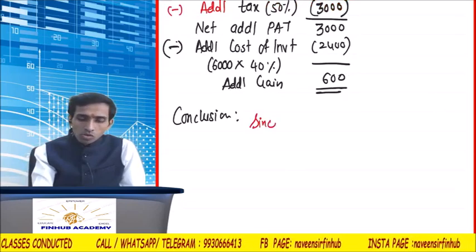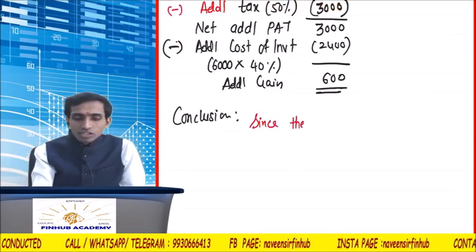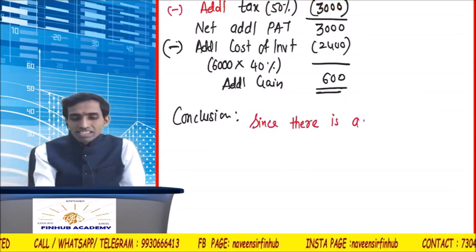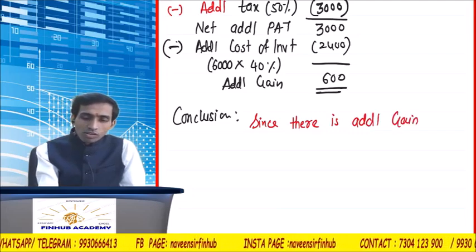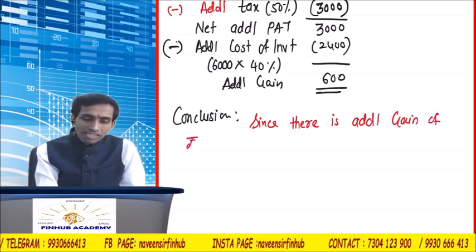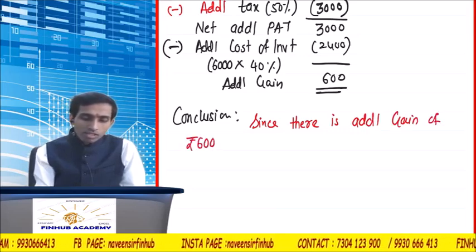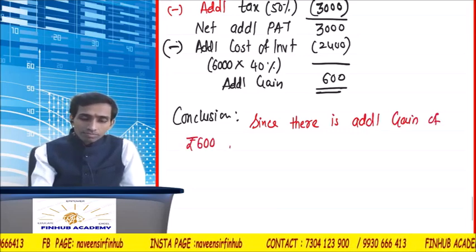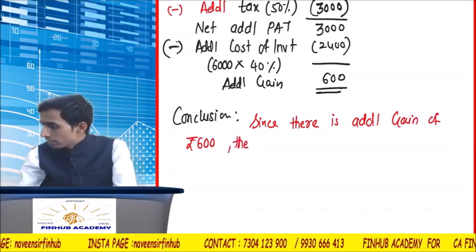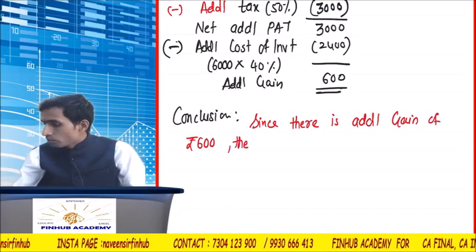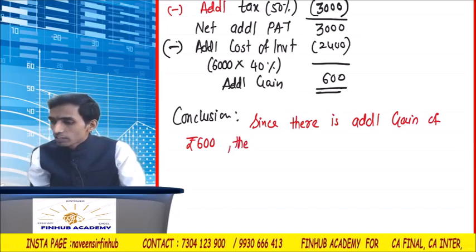Since there is additional gain of rupees 600, what was the wording they used in the question?